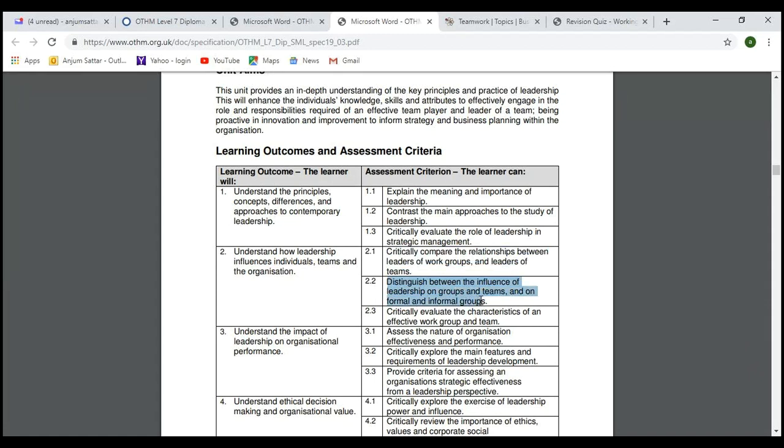Second, we discussed the influence of leadership on group and team. We discussed how we can make a team and how the leader can impact the group or the team, and how we can effectively, in different models, do team building and critically evaluate characteristics of effective work groups and teams. We discussed what characteristics or qualities are needed in a good team, and how we can critically evaluate through turnover, through looking at the performance and productivity of a team or the team members.